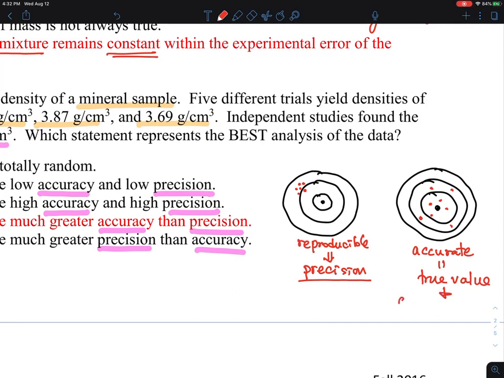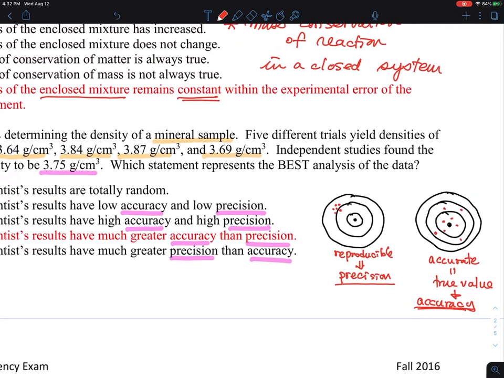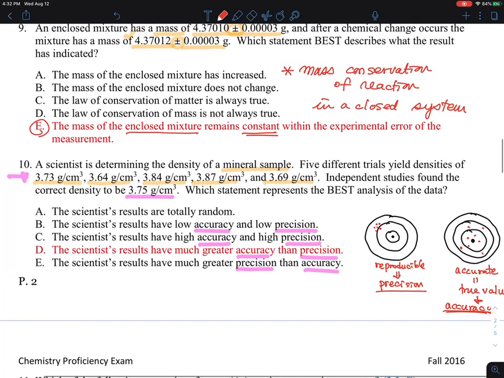So that's accuracy. Okay, so these are the two things that you have to know, and the precision, once again, is reproducibility.